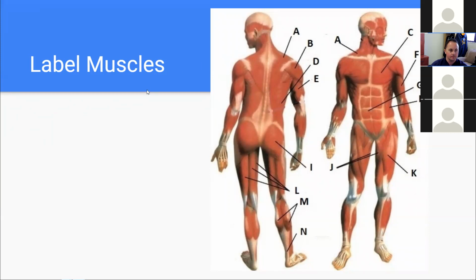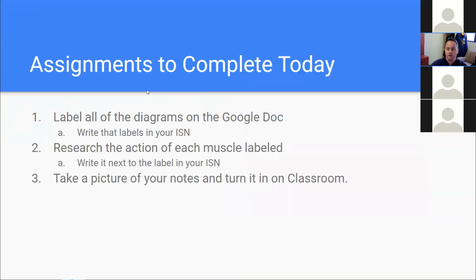Before you go, this is all we are doing today, okay? You should have labeled most of the diagrams on that form already. I want you to put a title above each one so that I don't get 1 through 18 and then 1 through 10 and then 1 through, that just doesn't tell me which one is which. And when you go to study, it's going to be hard to look back, okay?